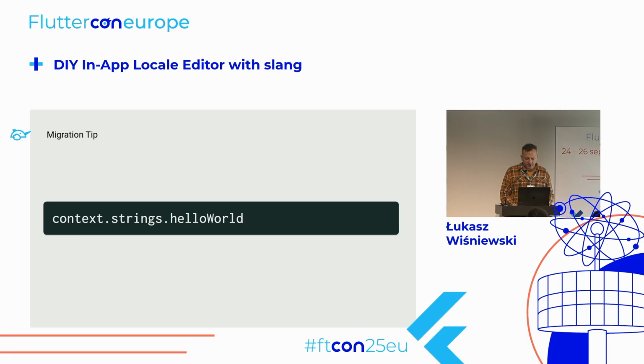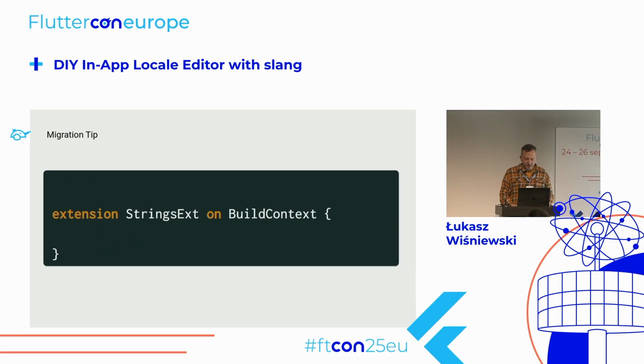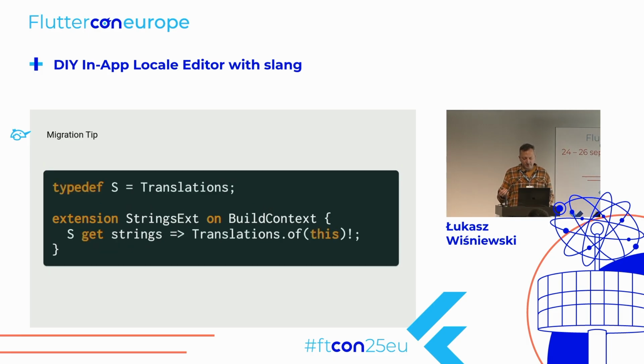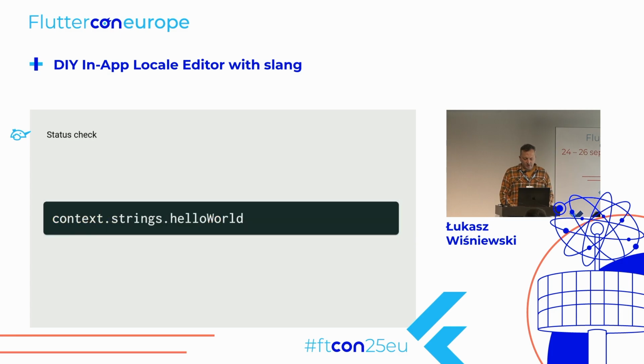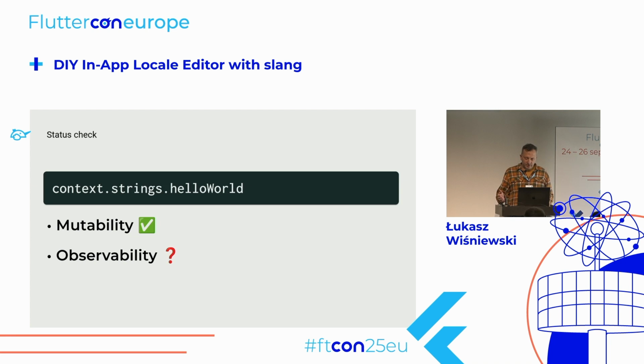And I was using this pattern in my app, so for me, the translation only meant changing this in one place where my extension method was defined, and I was good to go. So we solved the first issue, which is being able to change strings at runtime. Then we still have another problem, how can we tell when a given string is on the screen?